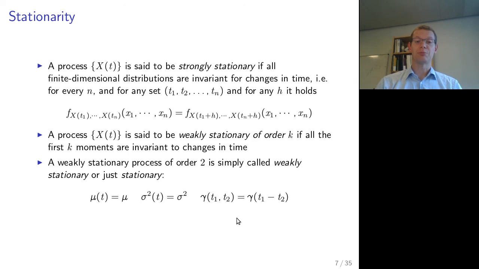Okay, so the next thing is stationarity. A process X is strongly stationary if all finite dimensional distribution functions are invariant to changes in time. That means for every n and every subset and for any shift in time h, the reference density here is the same as when you shift time by h.